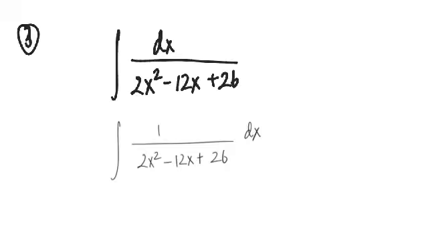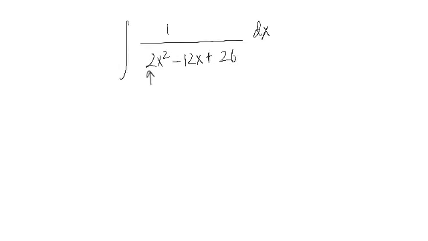So we're thinking completing the square is an option, but the leading coefficient here is 2. So in a case like this, we want to pull that 2 out first and complete the square on the quadratic here, right?